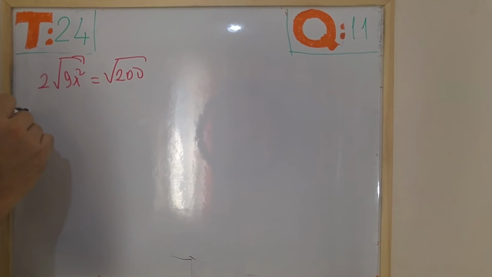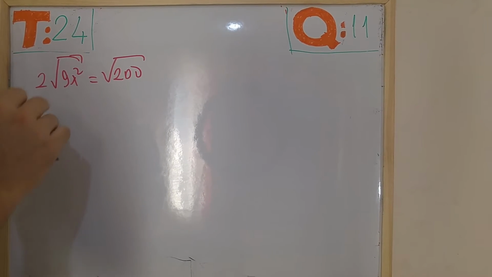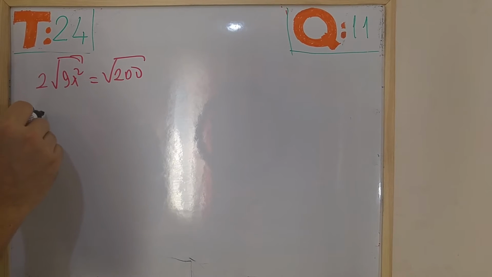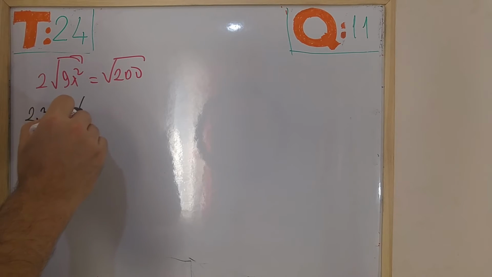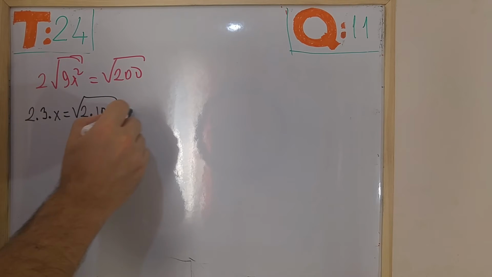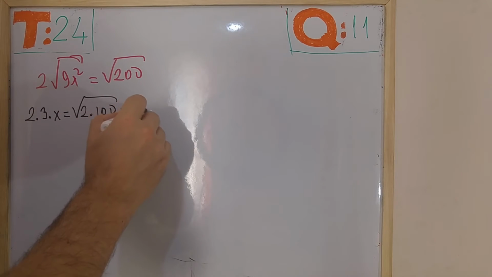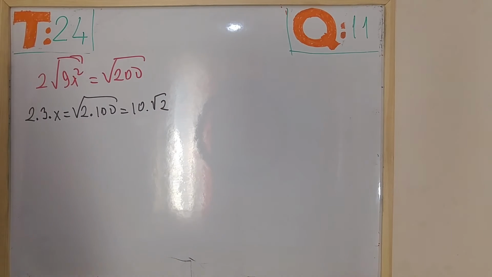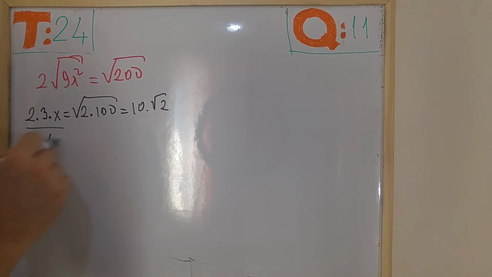Here this is 2 times square root of 9 is equal to 3 times square root of x squared is equal to x, is equal to square root of 200, which is square root of 2 times 100, which is equal to, I can say, 10 times square root of 2. Now let's leave x alone by dividing each side by 6.